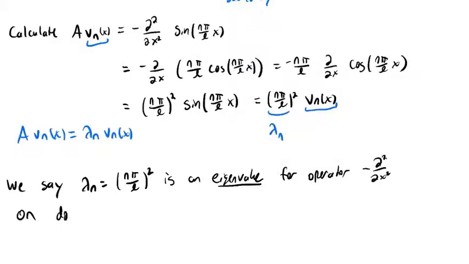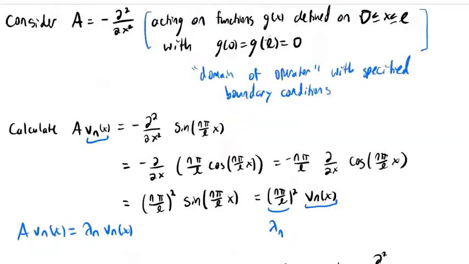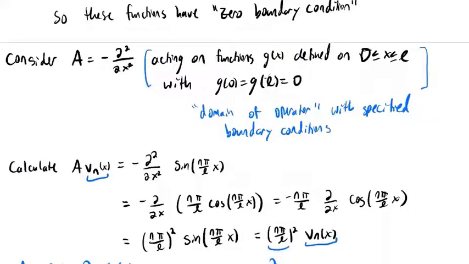So on the domain with 0 boundary conditions specified before, right? So the domain is what I have boxed off in blue here, right?